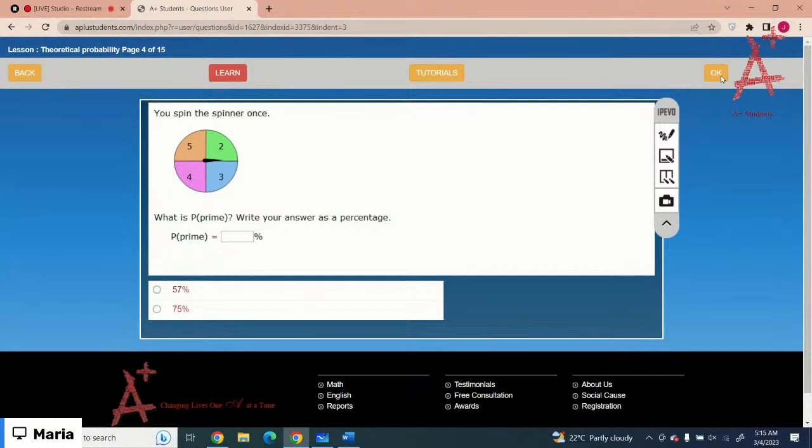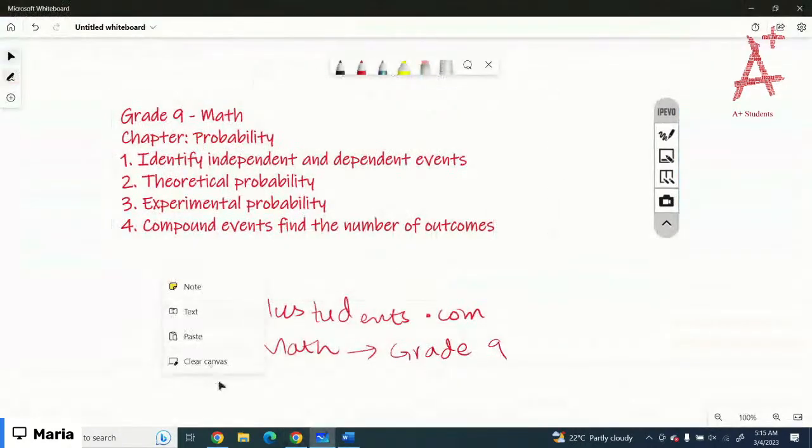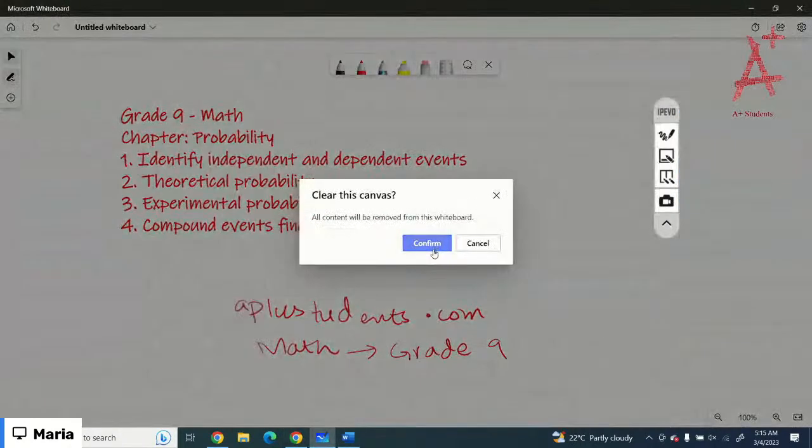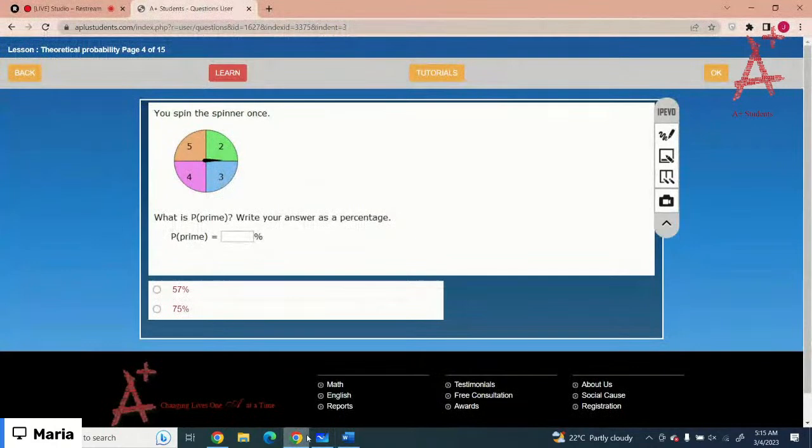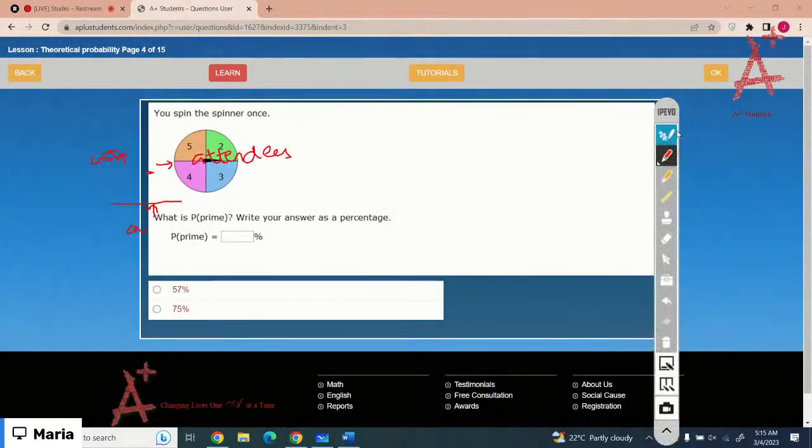You have to write the answer in percentage form. You can see here, three of the numbers are prime: 2, 3, and 5. They all are. This is a prime number, this is a prime number, this is a prime number. That means the probability of getting prime is 3 over 4.